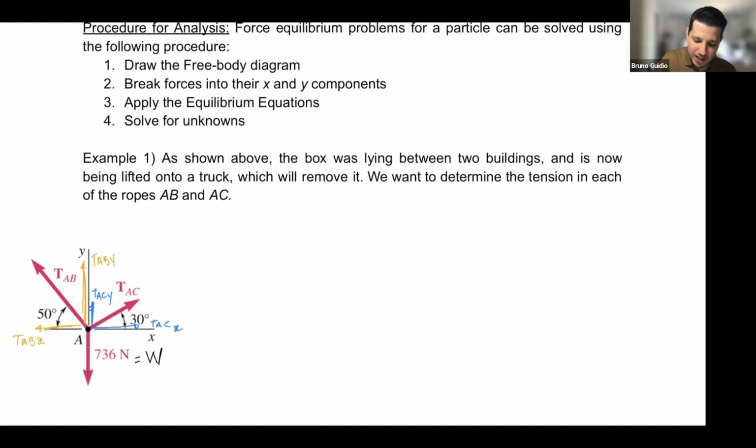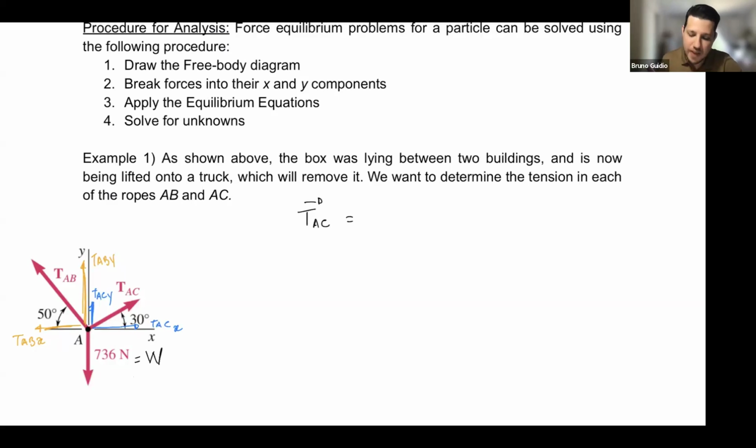With that, let's write the vectors, with the sine, cosine, positive, negative, as we did just now for the 2D vector problems. What do I have in TAC?